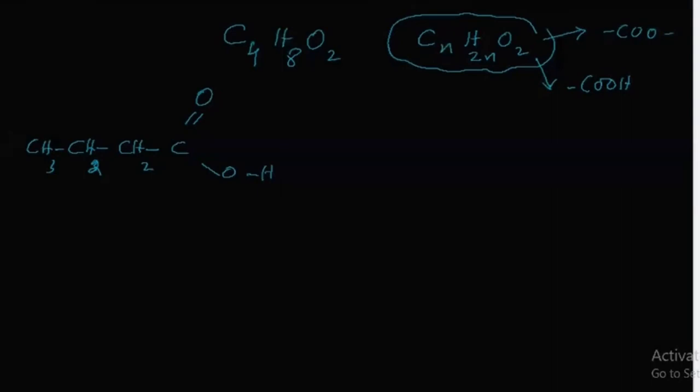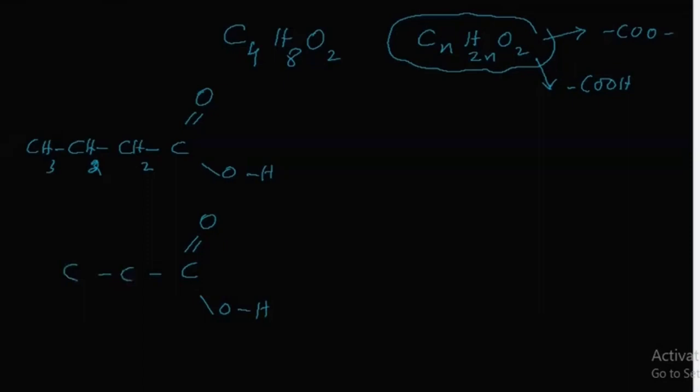If you want to draw another structure of this carboxylic acid with C4H8O2, keep this area same. Don't change this area because you can't attach more carbon with this area. There are four carbon atoms, so you can make a branch.